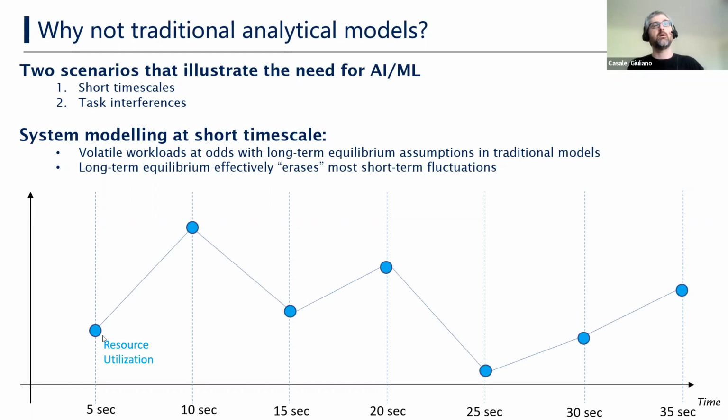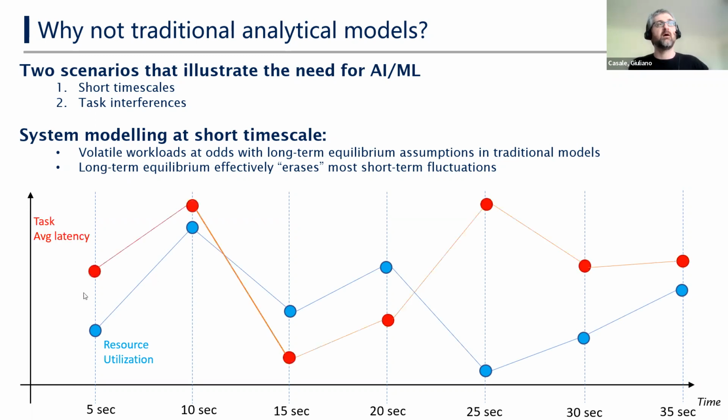So if you look, for example, at the utilization of a resource over time, you sample every few seconds the state of a resource, and you try to reason on that state to be able to predict the latency that the tasks are going to experience at that resource.